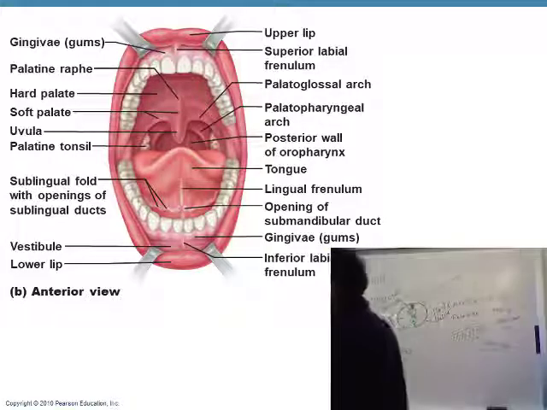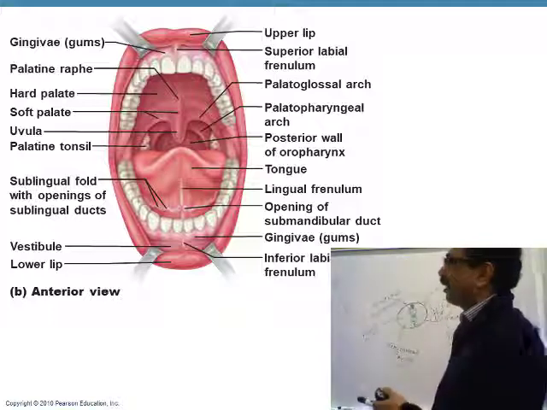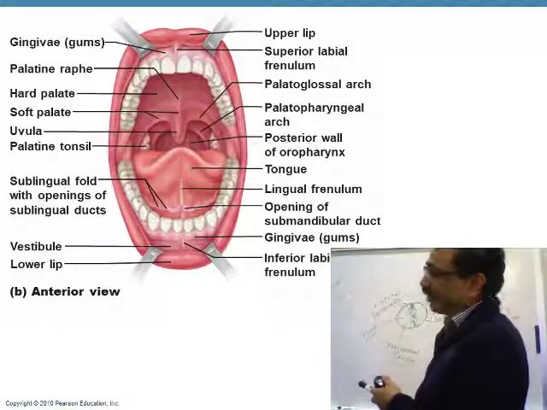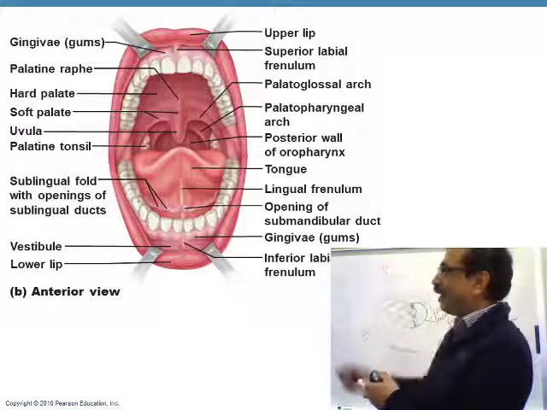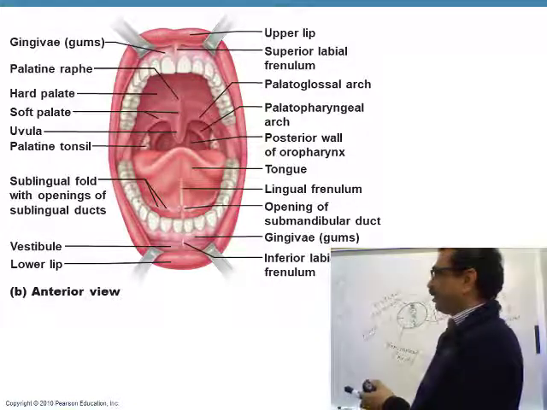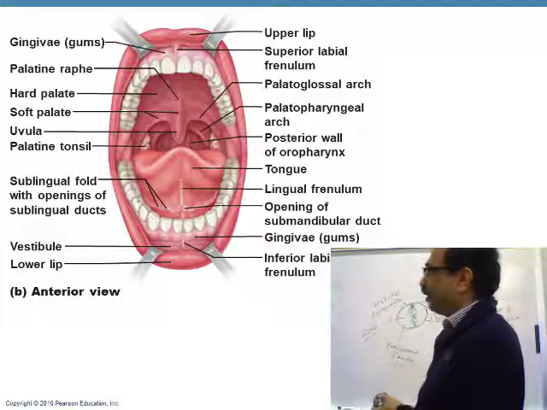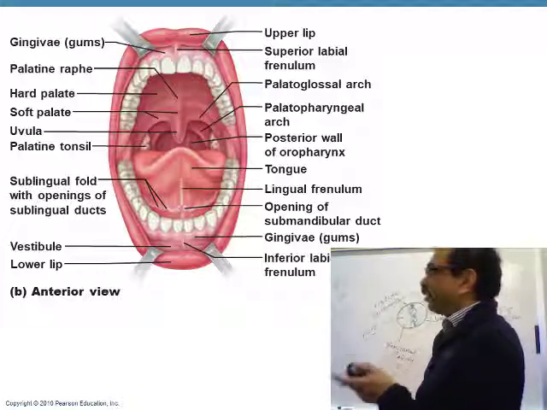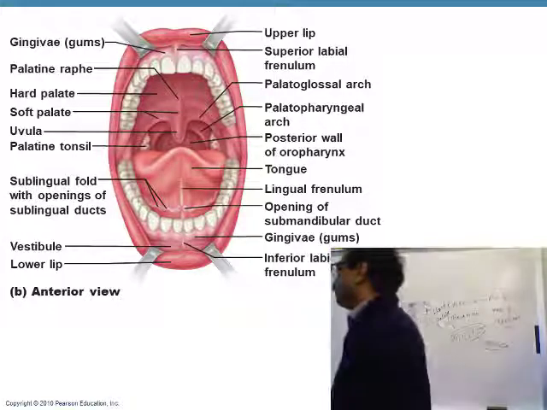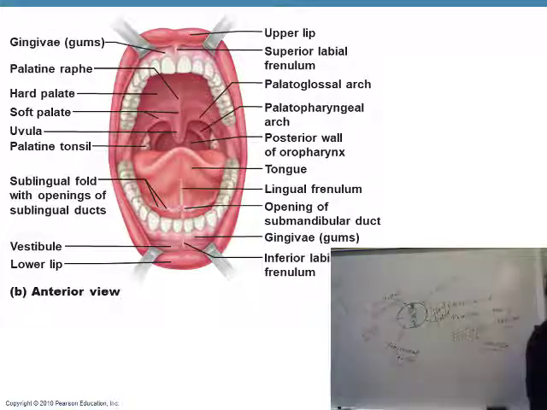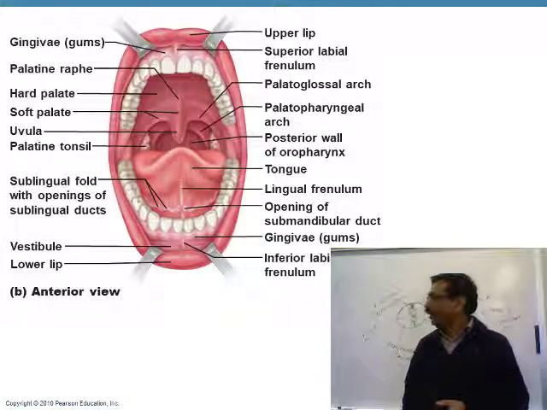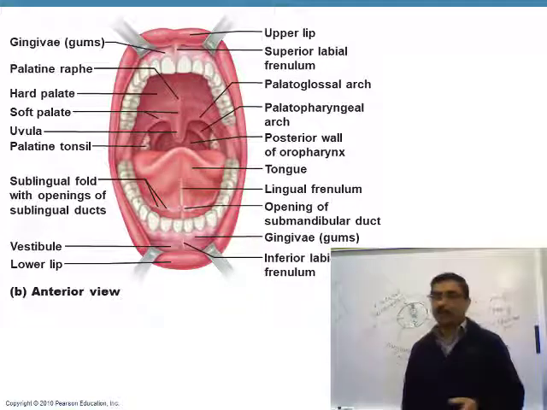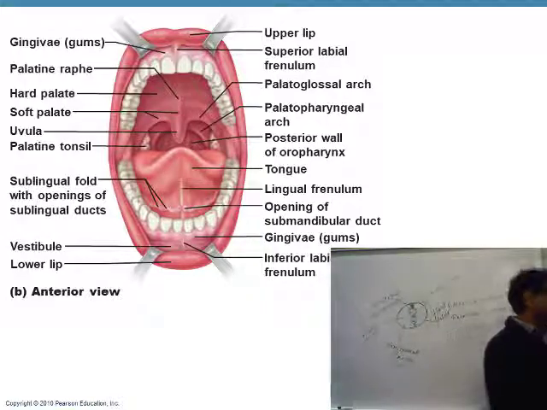Those are the openings of the salivary ducts, because you know that salivary glands secrete saliva and that must be released into the oral cavity. So you have the opening of the submandibular salivary duct, these two, just close to the frenulum, and then you have the sublingual salivary ducts opening.